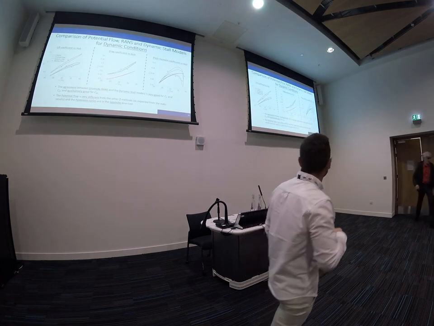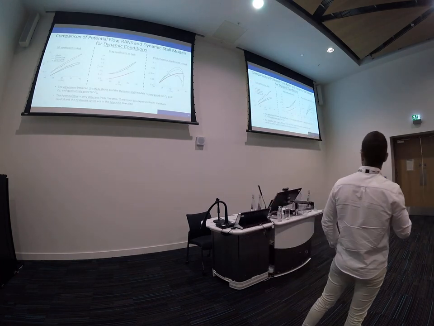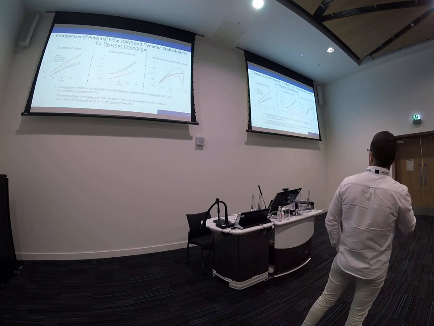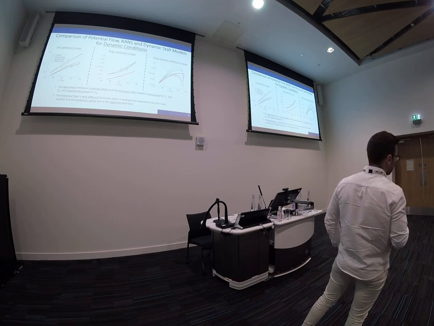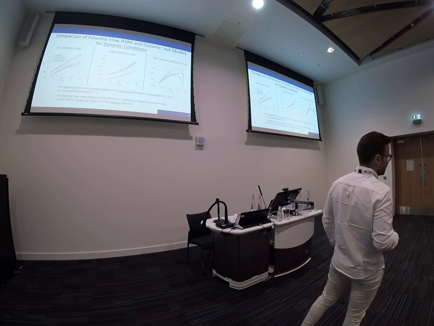And here we have basically the same result, but comparing the three tools. So this is RANS in blue, potential flow is in red, which is quite far off, and the dynamic stall tool is around the RANS actually, because it was fine-tuned with the RANS data.